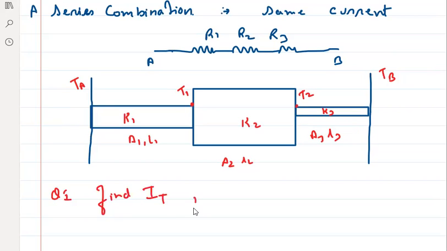Second question: find T1. Third question: find T2. Fourth question: find delta T, which is T2 minus T1. Got it? So these are the questions that can be asked. Yes or no?